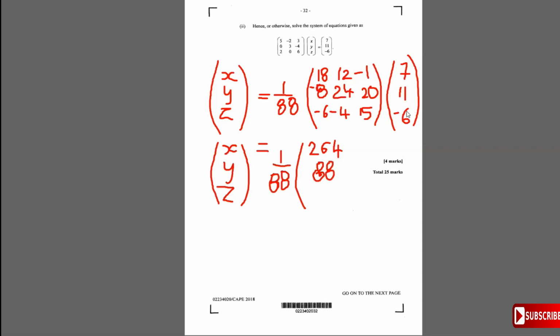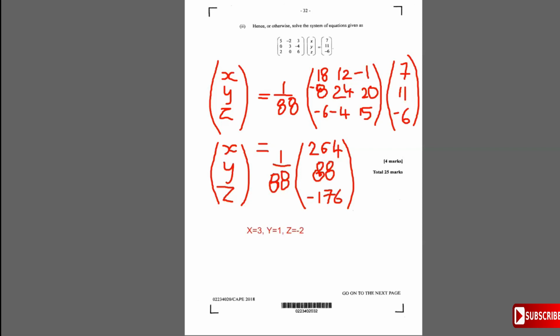And finally, minus 6 times 7 minus 4 times 11 plus 15 times minus 6. That's minus 176. So in conclusion, x is 264 divided by 88, so x is equal to 3, y is equal to 1, and z equal to minus 2. Nice and easy.